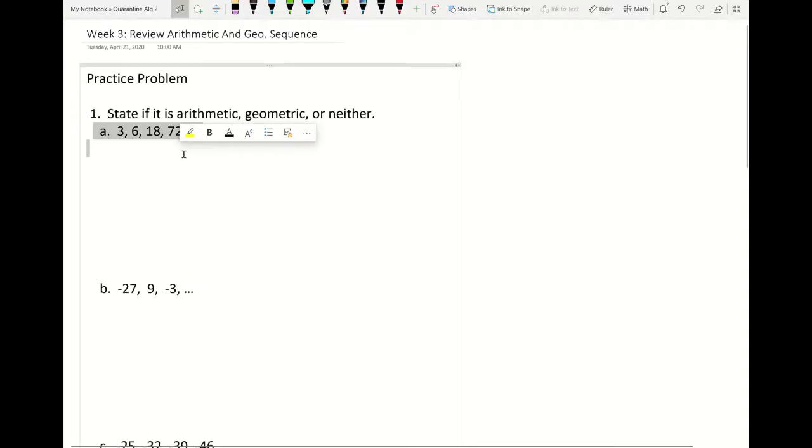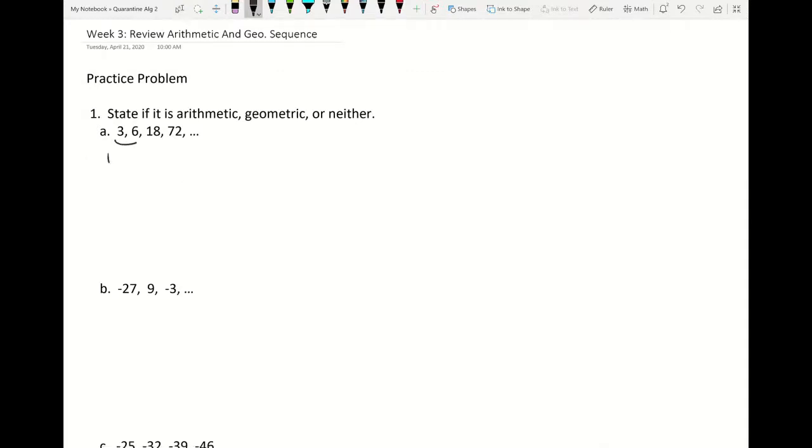First, for this problem A, we will assume that it is arithmetic. That means that the difference between two numbers has to be all the same. First, we will find the difference between 6 and 3. So, the common difference, 6 minus 3, is 3.